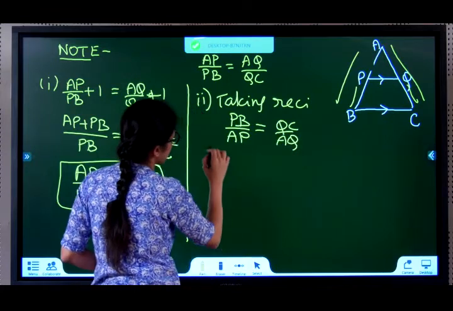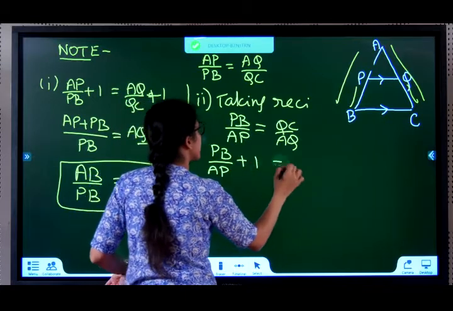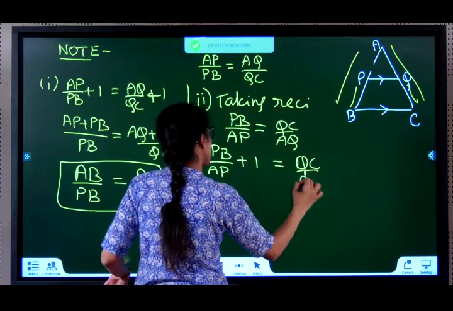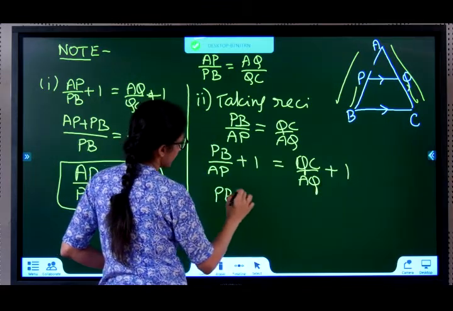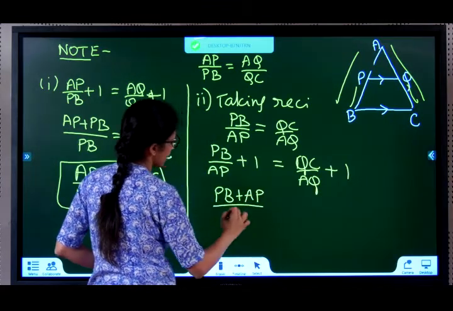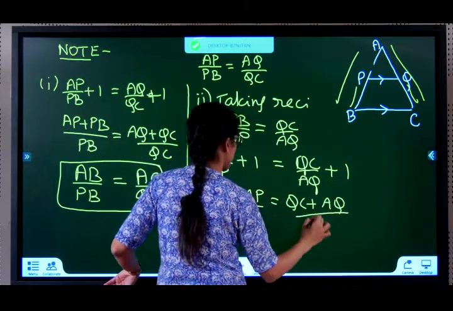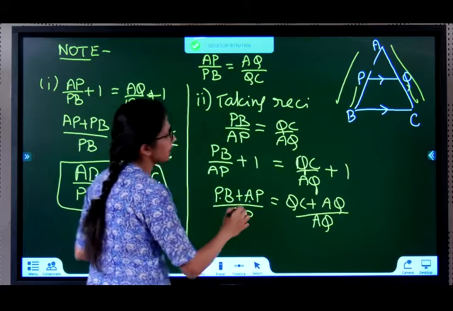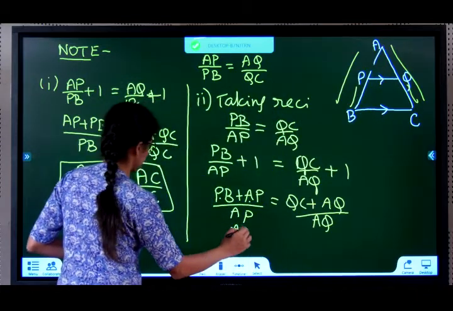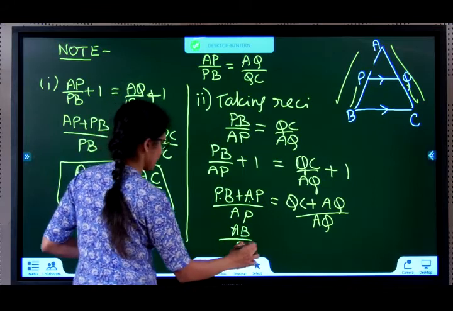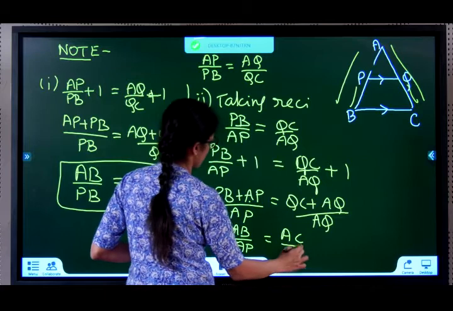Adding 1 on both sides, PB by AP plus 1 is equal to QC by AQ plus 1. PB plus AP by AP is equal to QC plus AQ by AQ. PB plus AP is nothing but AB. AB by AP is equal to AC by AQ.